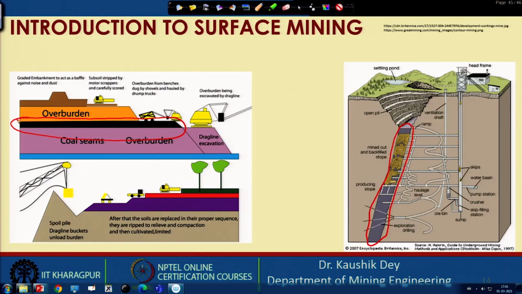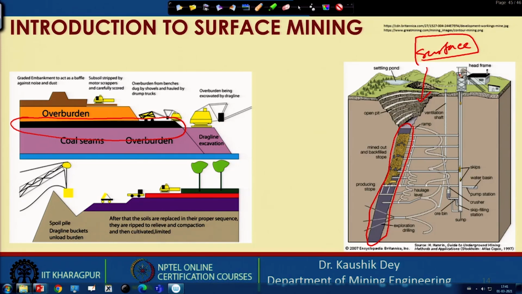When we carry out mining just under the sky, it is called surface mining. So, surface mining means it is just under the open sky. It is subjected to rain, to temperature change, to change in daylight, and all these things impact the surface mining operation.